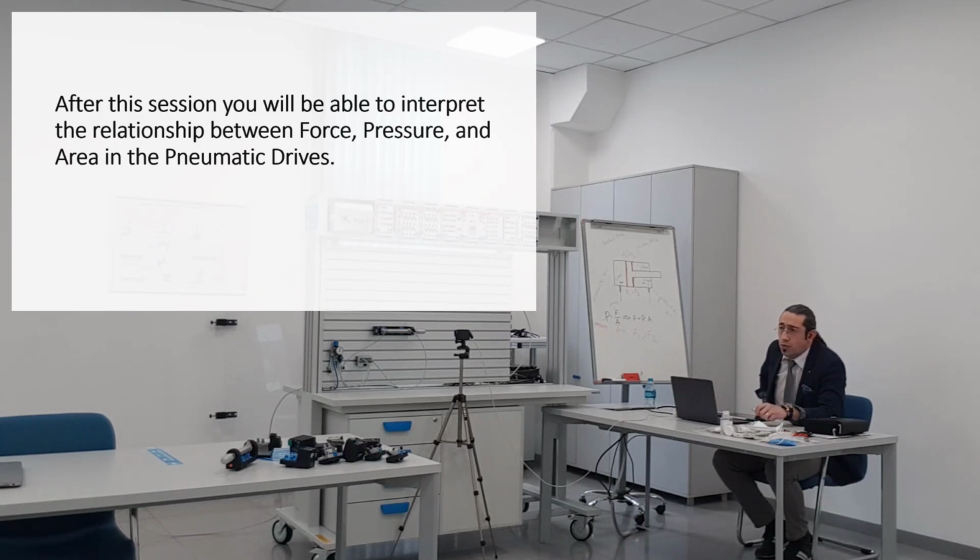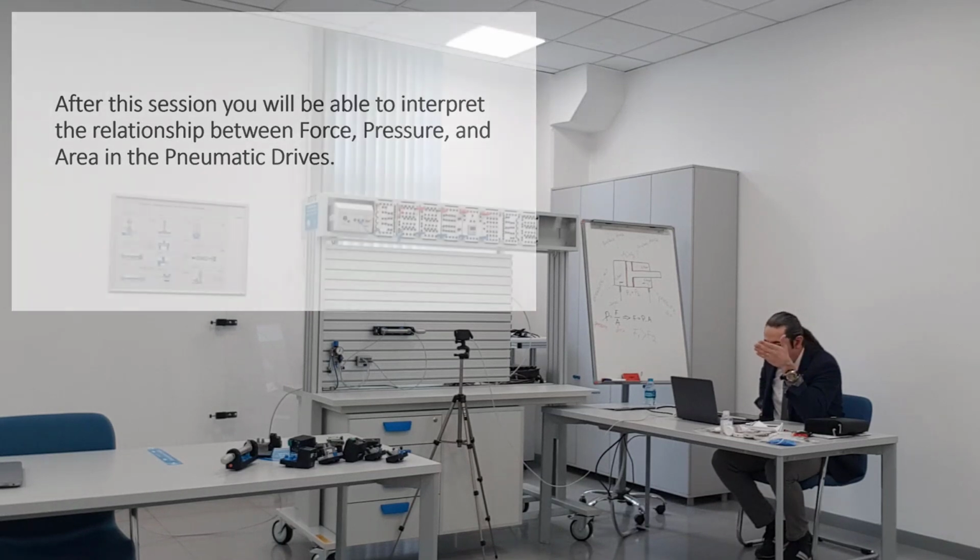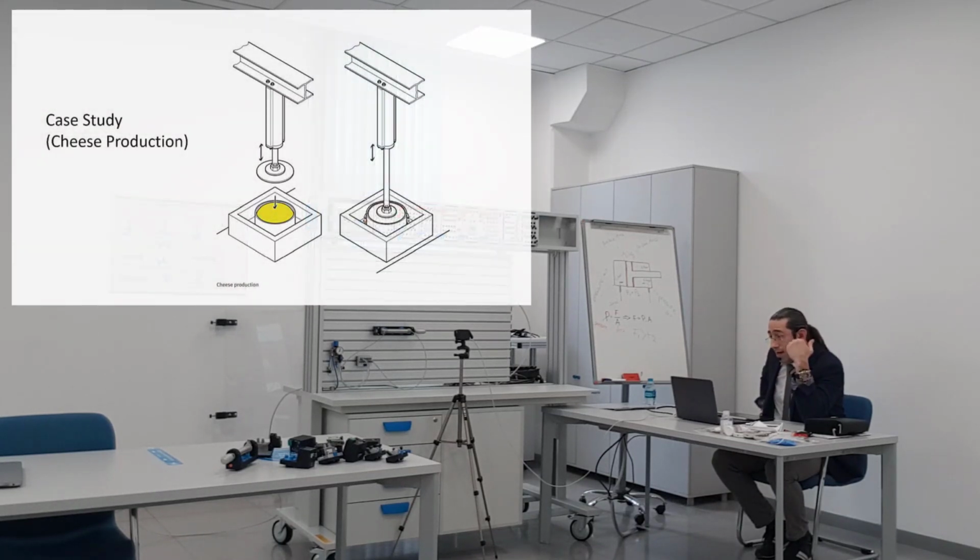Why do we use pneumatics? Because I know you are all engineers and technicians from different factories all around the world. We use hydraulics, pneumatics and electricity on the field. For example, you can see here a cheese production process. At the end of the process you can see a cylinder.